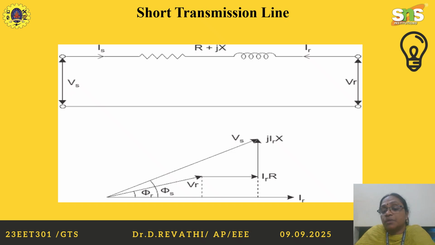The reactance component IR X is drawn at 90 degrees to the real component. Then we join from the end of IR jX to the origin and get the value of Vs. So Vs consists of Vr plus IR R plus IR jX. The angle here is phi s, the sending end power factor angle, and phi r is the receiving end power factor angle.